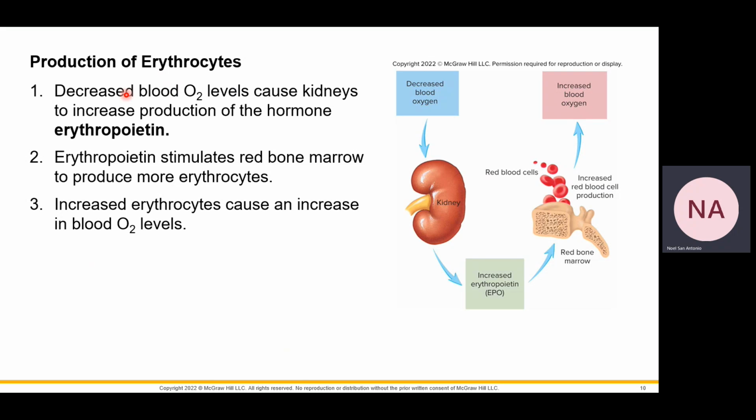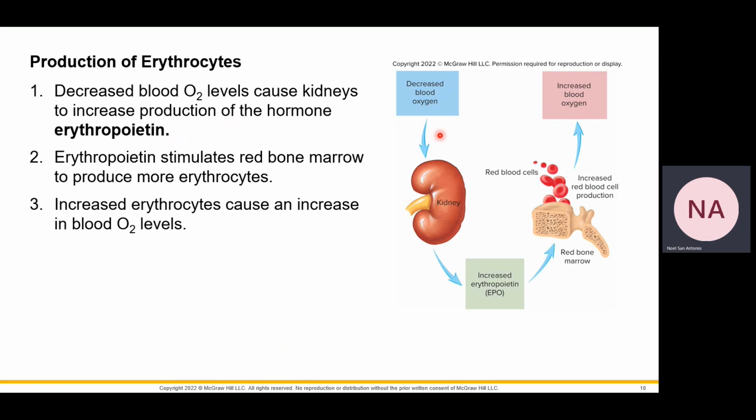When there are decreased oxygen levels in our blood, it causes the kidneys to produce the hormone erythropoietin. When our kidneys detect that the oxygen level is decreased significantly, the kidneys will increase the production of this hormone. Again, this is called erythropoietin.